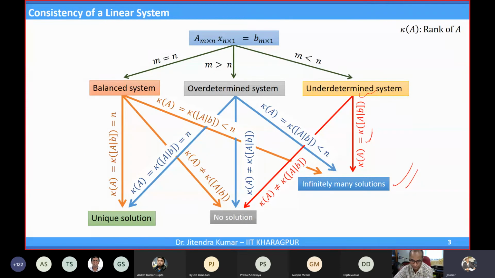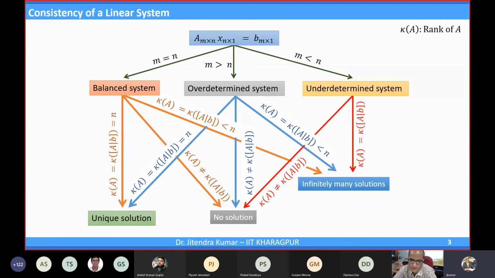And when these two ranks are not equal, you have no solution. So in the third case, when your number of equations is less than the number of unknowns, only two possibilities are there: the rank of A and the rank of [A|b] are equal or not equal. That's all. So this is just an overview to start with.